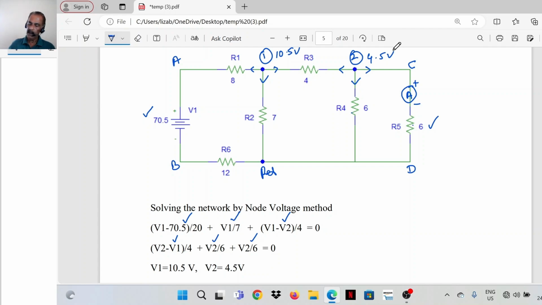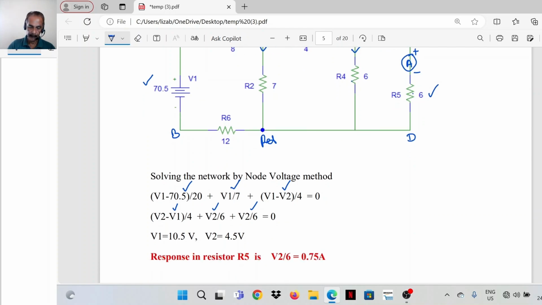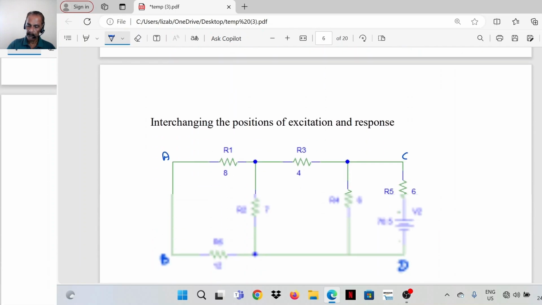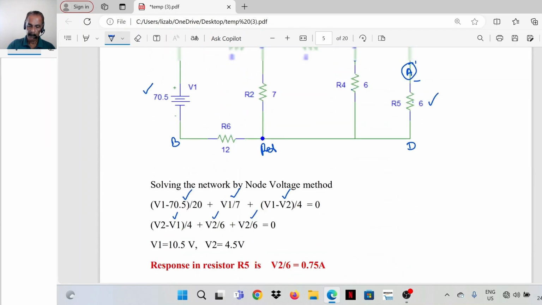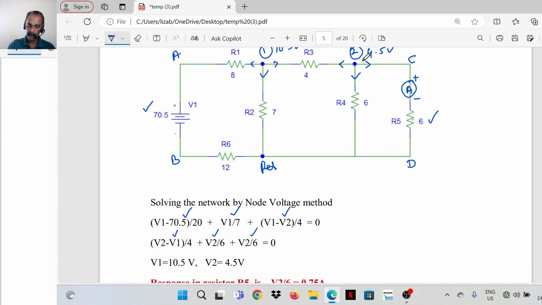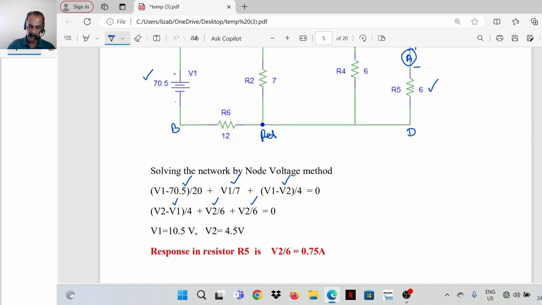So we have to find the current, the response, in resistor R5. That is, response in resistor R5 is V2 divided by 6. 4.5 divided by 6 is 0.75 ampere.